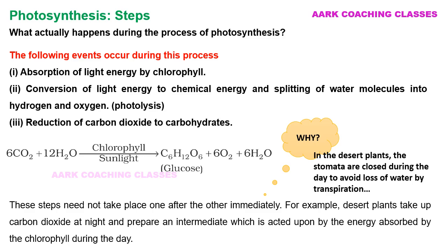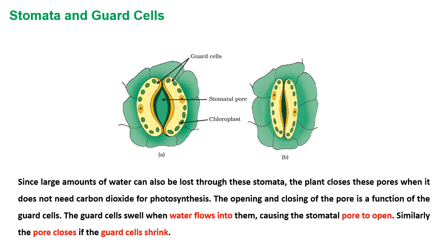Okay, all right. Now stomata and guard cells. Last year also we have seen this diagram. Since large amount of water can be lost through stomata, the plant closes these pores when it does not need carbon dioxide for photosynthesis. Okay, so plant can close it.